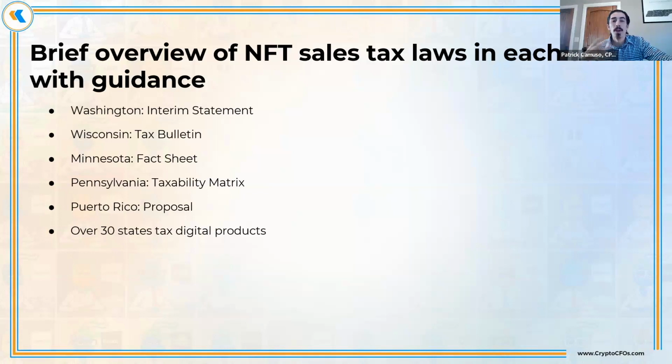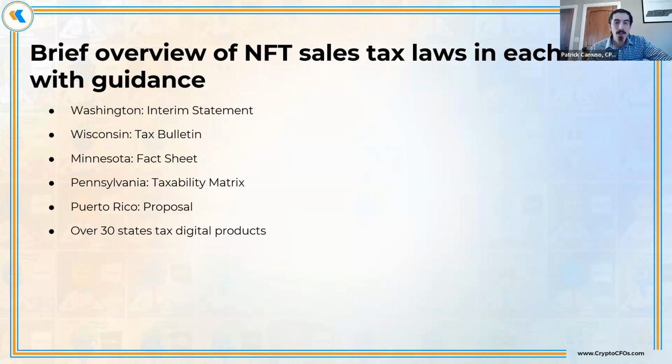In Puerto Rico, we haven't gotten guidance. We haven't even really gotten past a proposal to include NFTs in sales taxes in Puerto Rico. So that is something that's pending. And then, we have Wisconsin and Minnesota who have released a tax bulletin in Wisconsin and a fact sheet in Minnesota. Although not as comprehensive as Washington, they provided more information and examples than Pennsylvania, for instance.